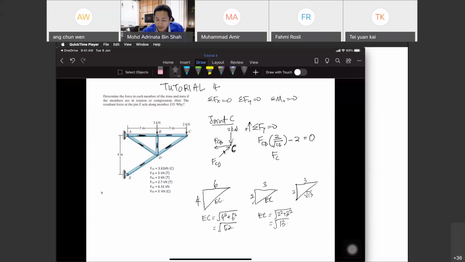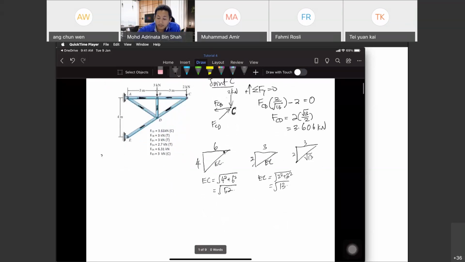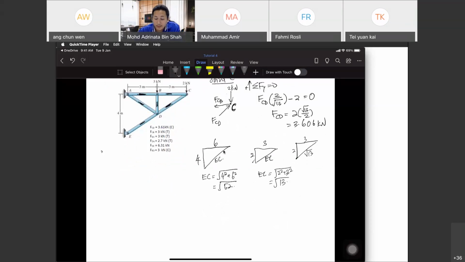So FCD is 2 times square root 13 over 2, which equals 3.606 kilonewton.